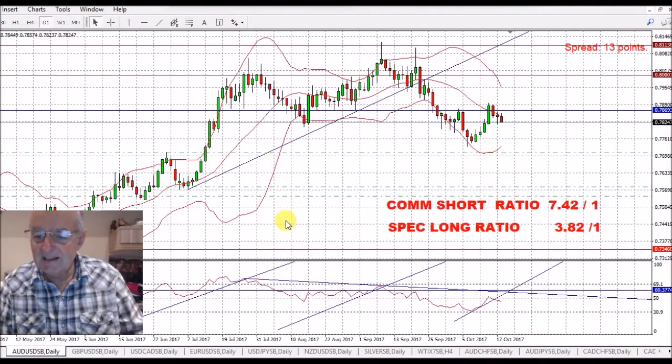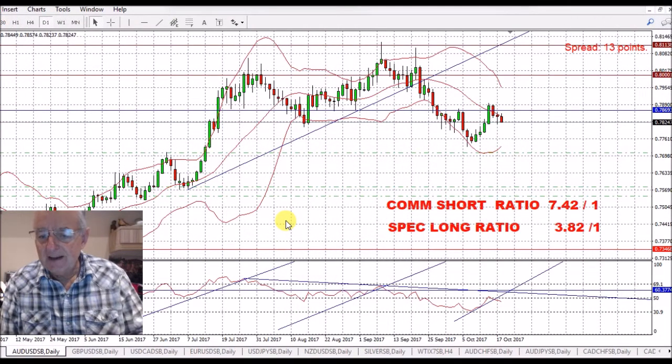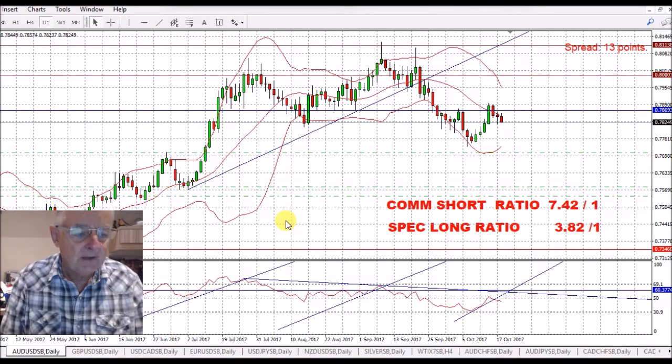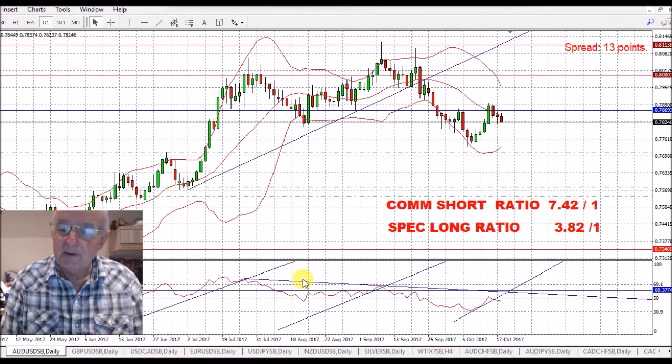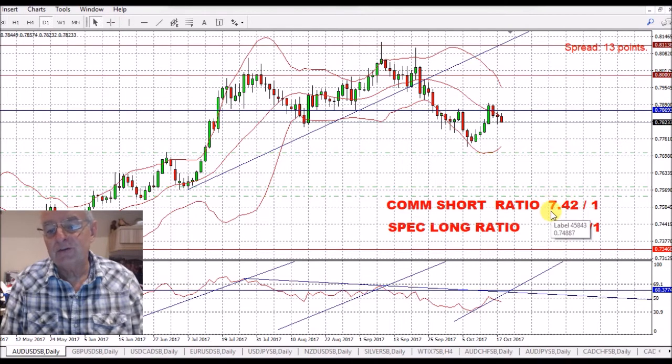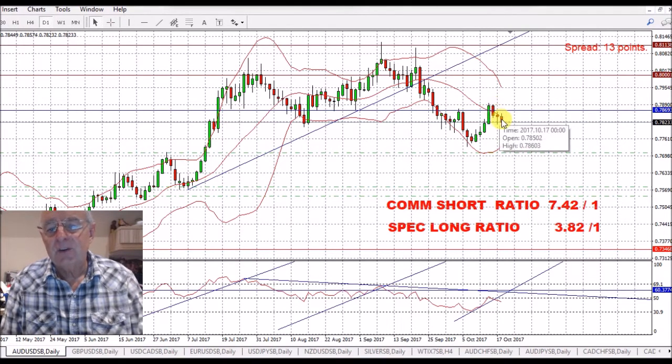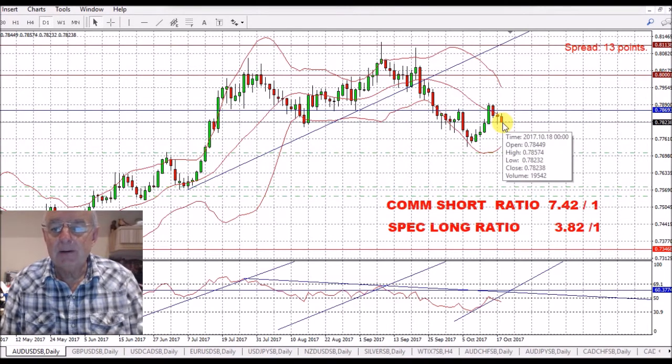This morning it's the 18th of October and it's just after 10 o'clock. We'll start this morning again with the AUD USD. I've said it before, we've got a commercials ratio short of 7.42 to 1. The last 3 trading days we've seen a little bit of a fall off. All of this fall is only 60 pips.